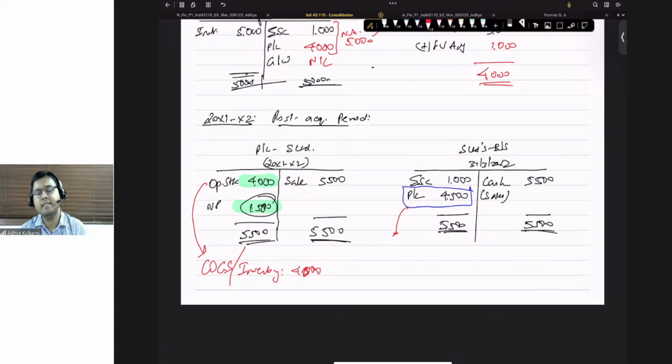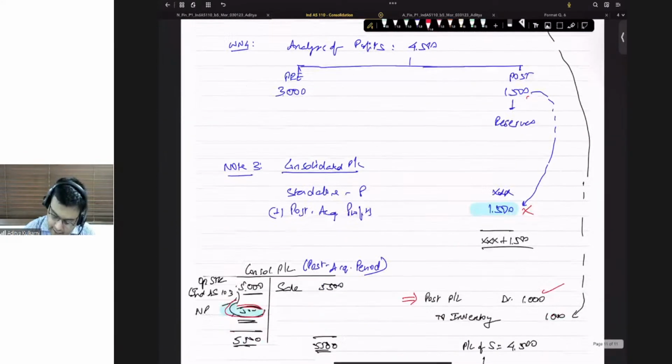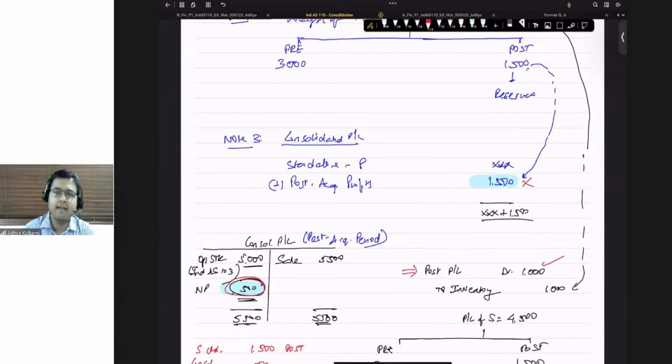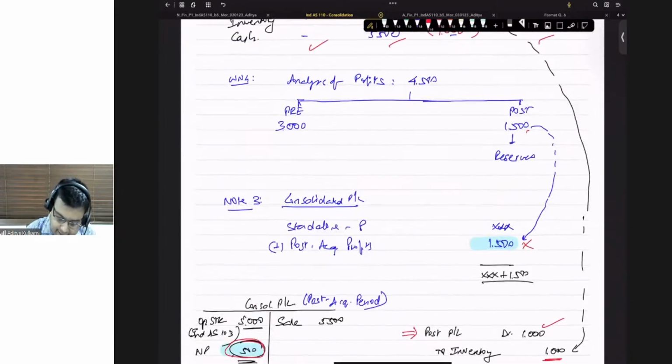But in my consolidated, inventory 4000 पे है ही नहीं. Inventory is at a value of 5000. That 1000 increase I have taken on the date of acquisition. So therefore, I cannot credit any other account apart from inventory, because when I'm analyzing the profits of S, I have a post acquisition reserve of 1500.